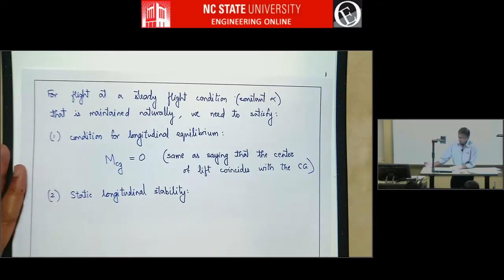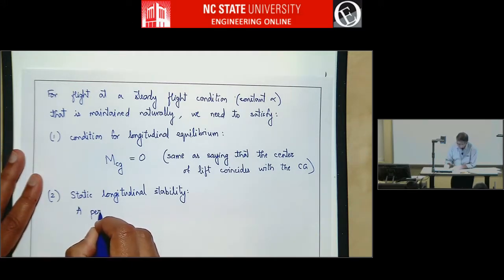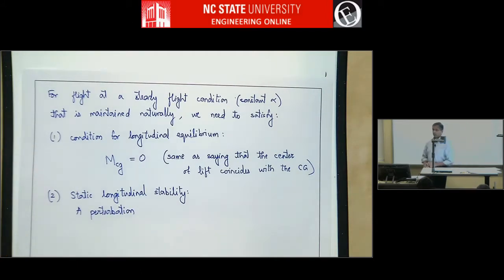So the meaning of static longitudinal stability is that if you have a perturbation from the equilibrium angle of attack due to some external disturbance, it might be a gust, it might be somebody walking around in the airplane, the airplane should naturally return to that equilibrium alpha. Or it should try to return, it should tend to return. That is static stability. Dynamic stability determines whether it eventually returns or not. But static stability means if there's a perturbation, it should try to come back.